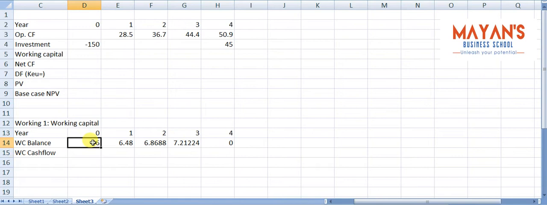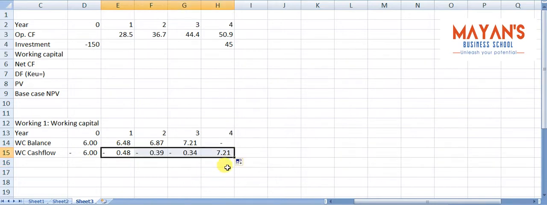End of project it must be 0, because you realize all your working capital towards the end of the project. That's a common assumption, right? Okay, so working capital cash flow will be initially whatever the investment has to be an outflow. Then you look at the increments. Whatever the increment, 6 has become 6.48. So that 0.48 is cash flow, outflow. You are investing. Similarly, you fill. We have done this several times.